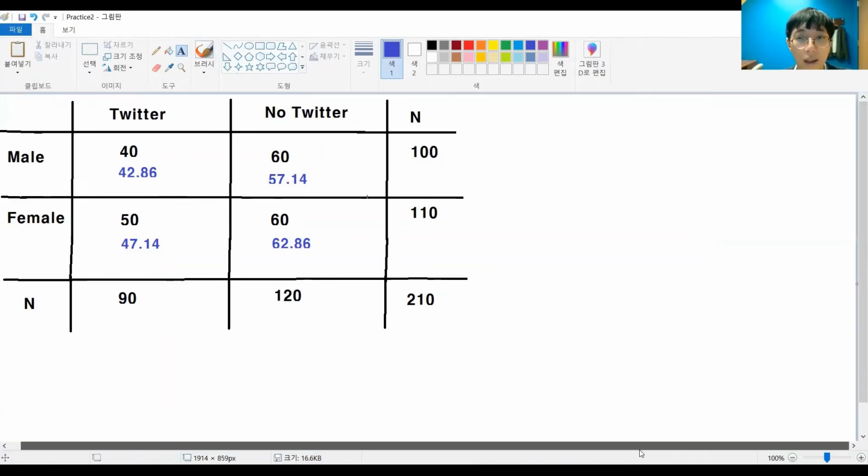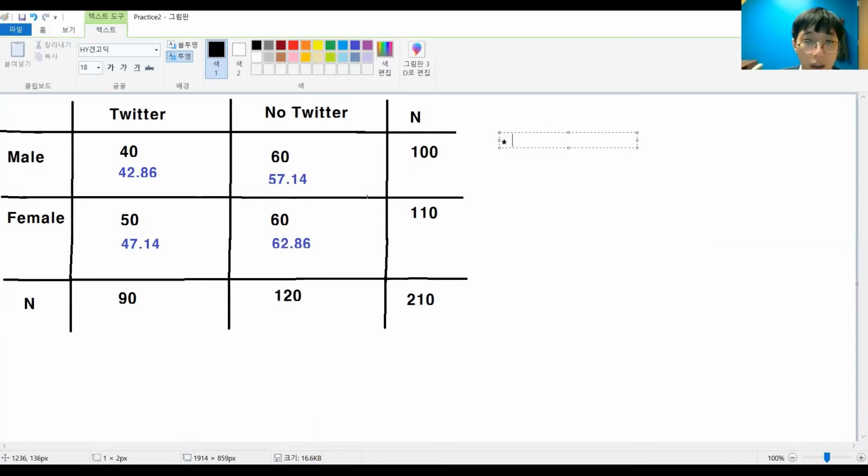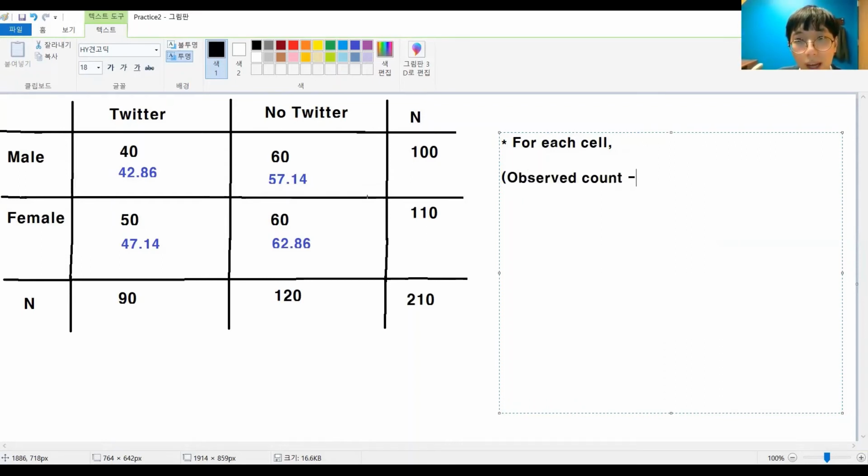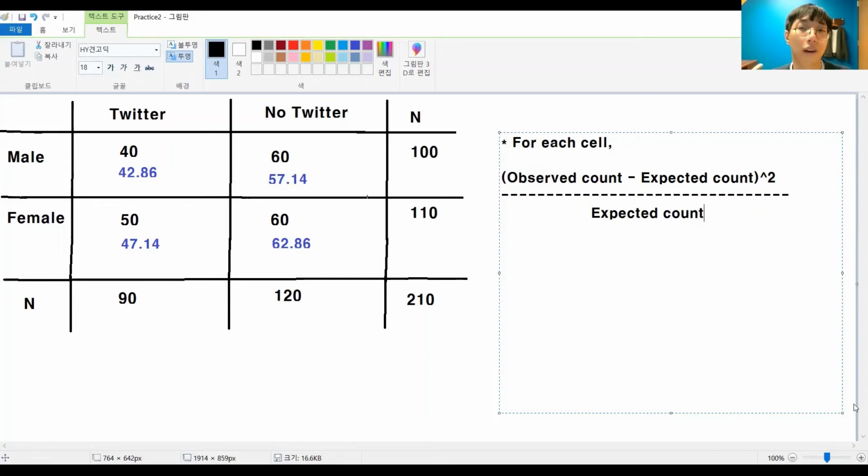The formula is like this: for each cell, observed count minus expected count, squared, and divided by the expected count for each cell.